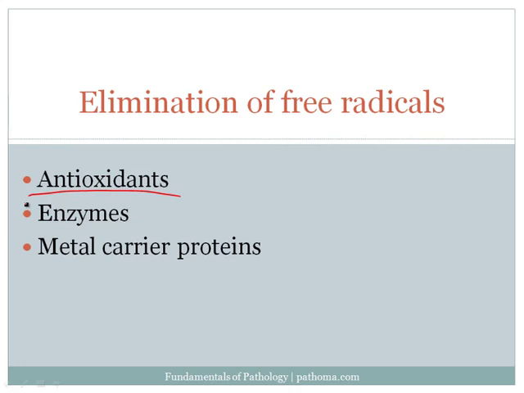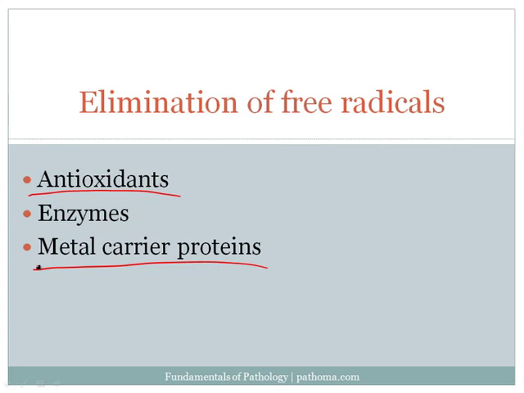Another important mechanism of elimination of free radicals, I'm going to go a little out of order, is metal carrier proteins. Metal carrier proteins are what I've already talked about. You know that copper and iron have the ability to create free radicals, iron in particular, by the Fenton reaction, and the generation of free radicals is a dangerous thing.